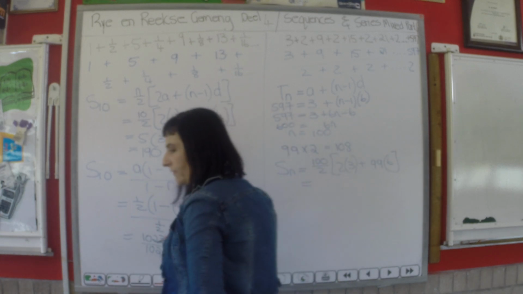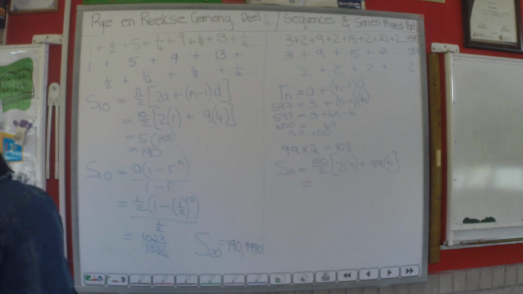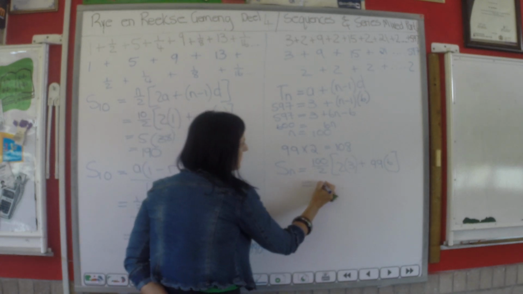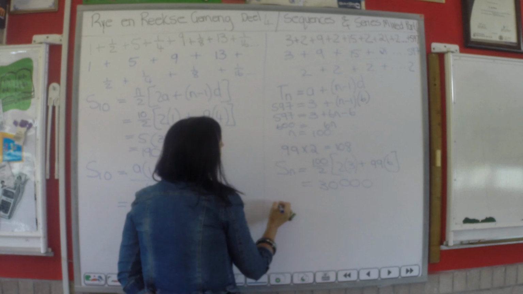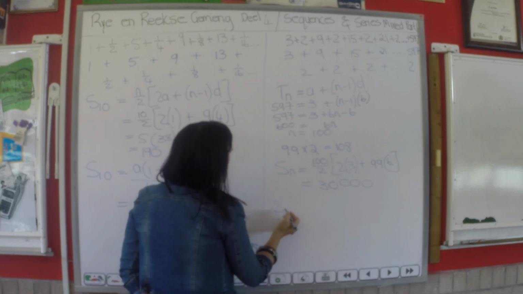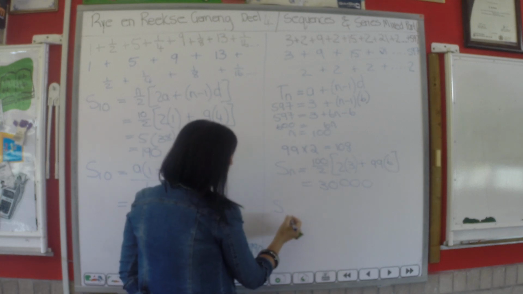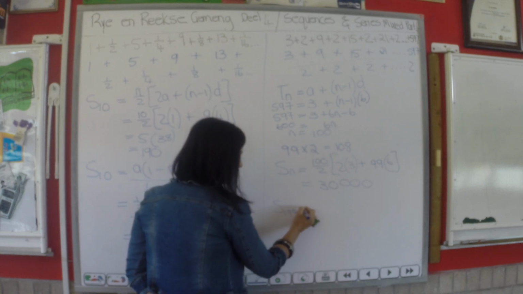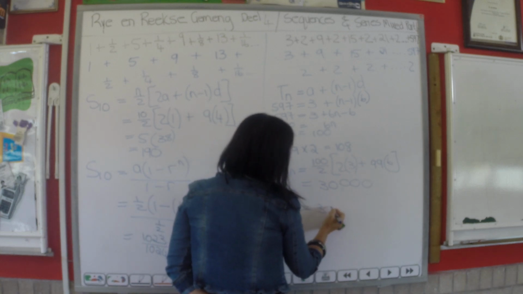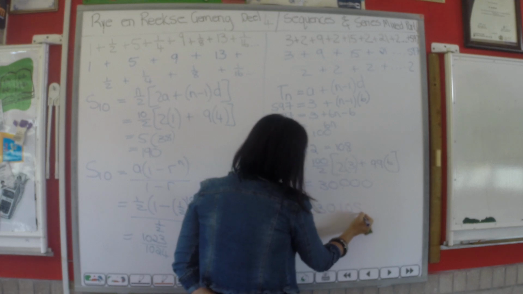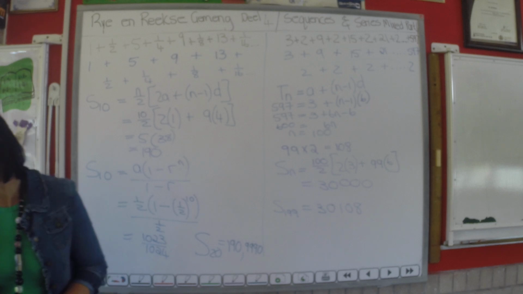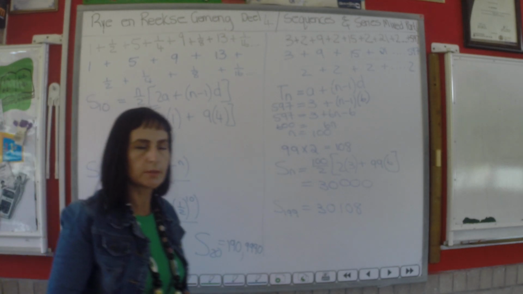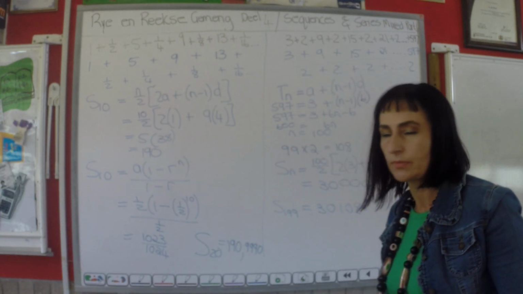So as we work out that sum, we get the value of 30,000. And if we add the two, then we get the sum of 199 terms, and that's going to be 30,108 in total. Good. We'll do a next example just now.